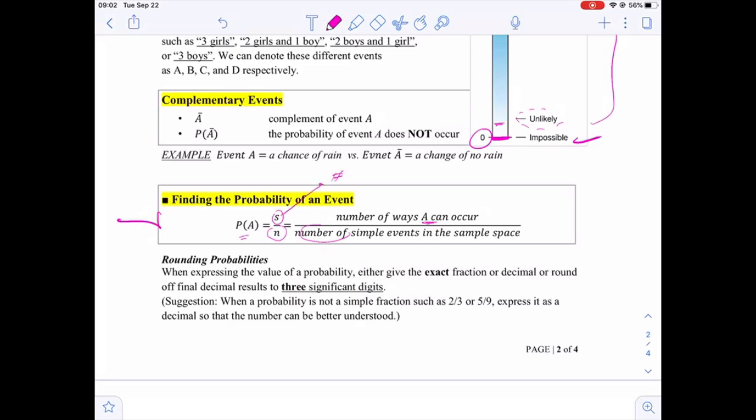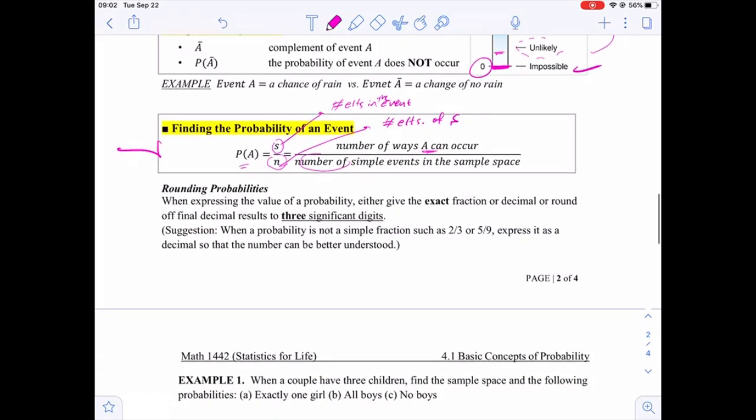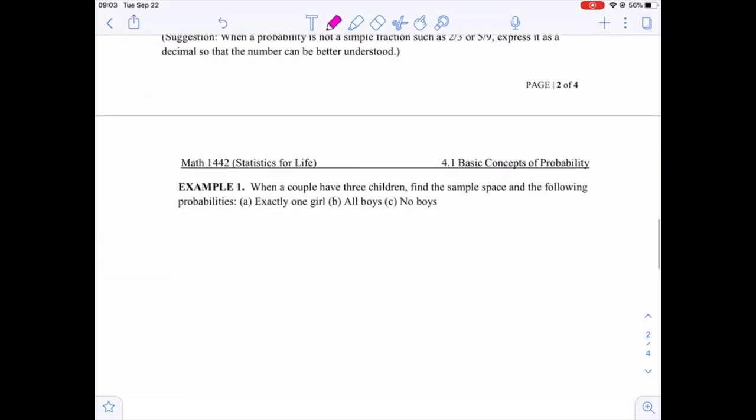So the numerator is the number of elements in the event, and the denominator is the number of elements of the sample space. We usually round the probability to 3 significant digits.